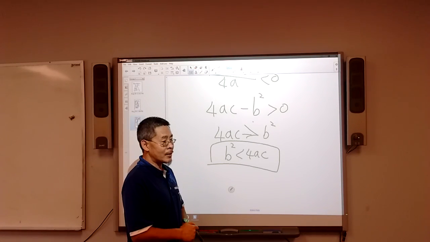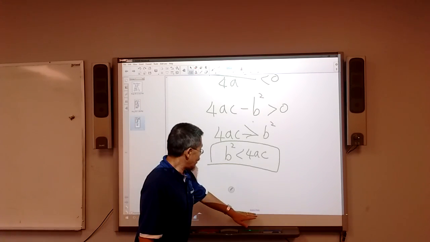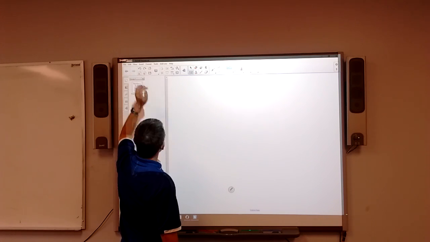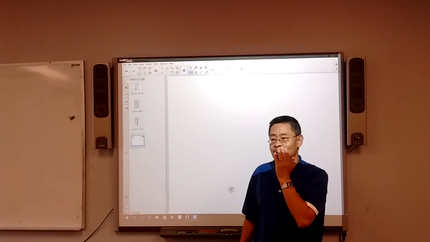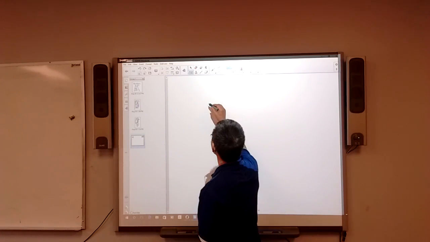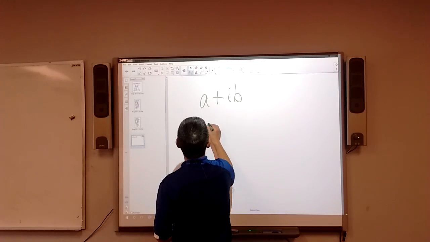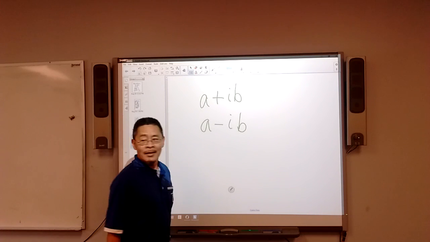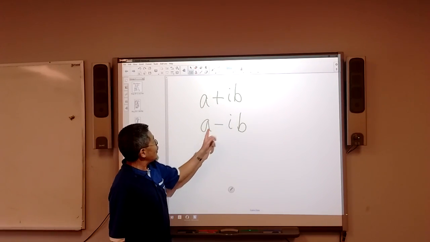Yes? Okay. Another thing I want to talk about is when you're dealing with complex numbers. Do you remember what they're called? I looked it up, and I remembered, and then I forgot again. Same a, same b.